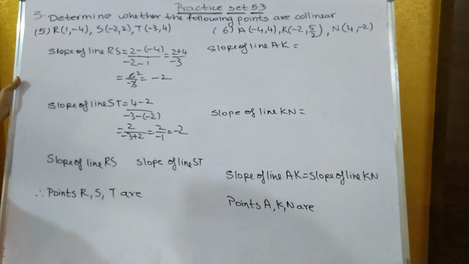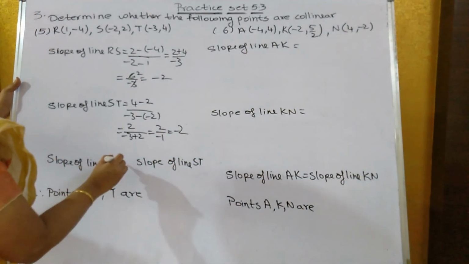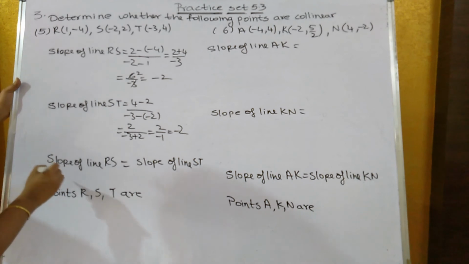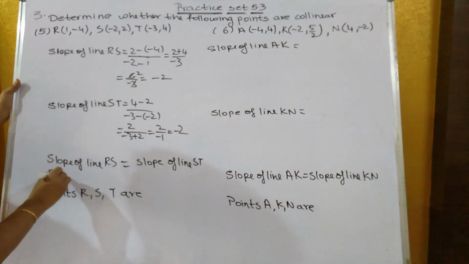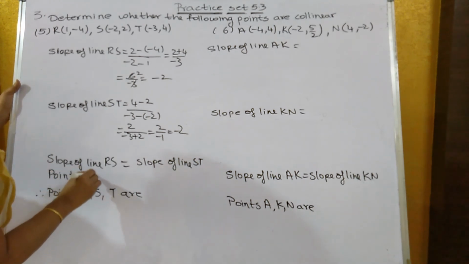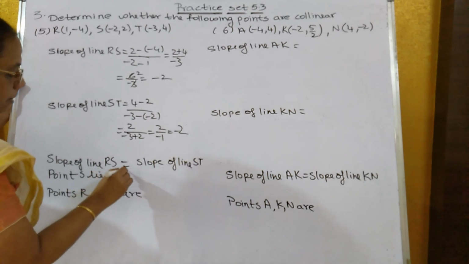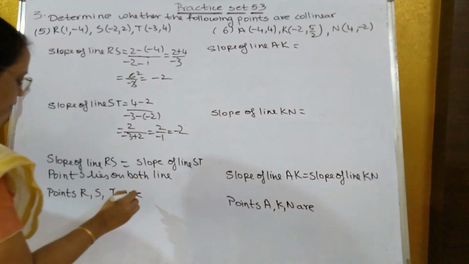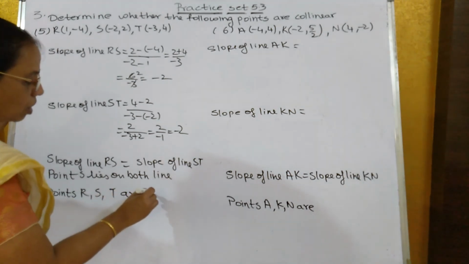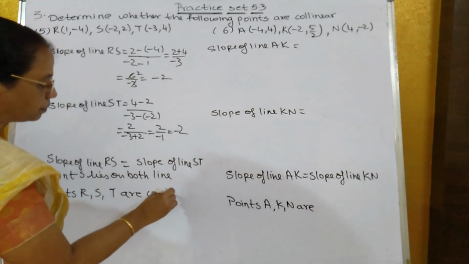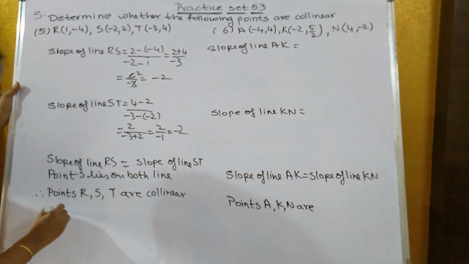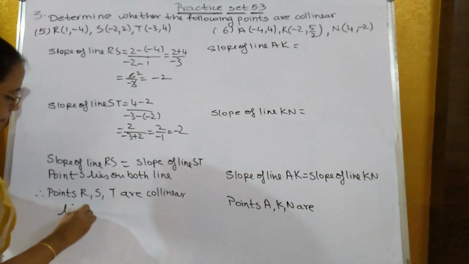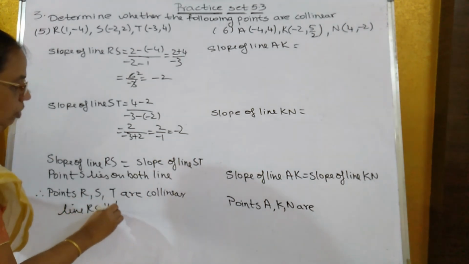So slope of line RS is equal to slope of line ST. Point S lies on both lines. Therefore points R, S, T are collinear and they are also parallel. Line RS is parallel to line ST.